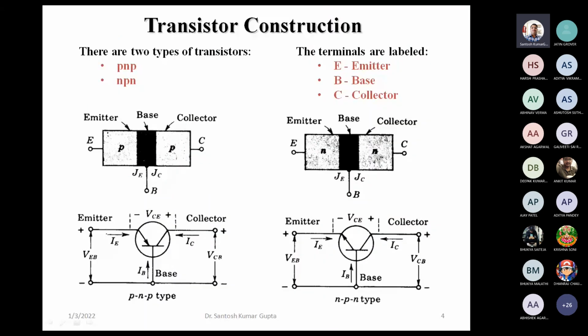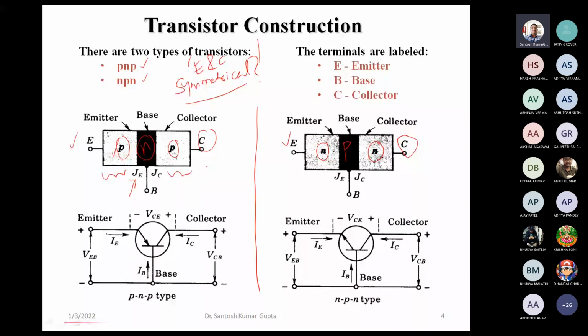So now we have just seen what this PNP or NPN represents in reality, what they look like, and what we draw over here. Only a part of the region of the actual transistor is shown here from the concept point of view, whereas the real scenario is quite different.